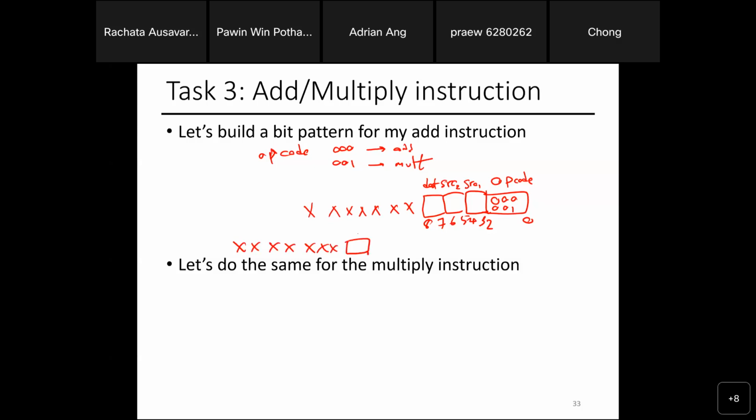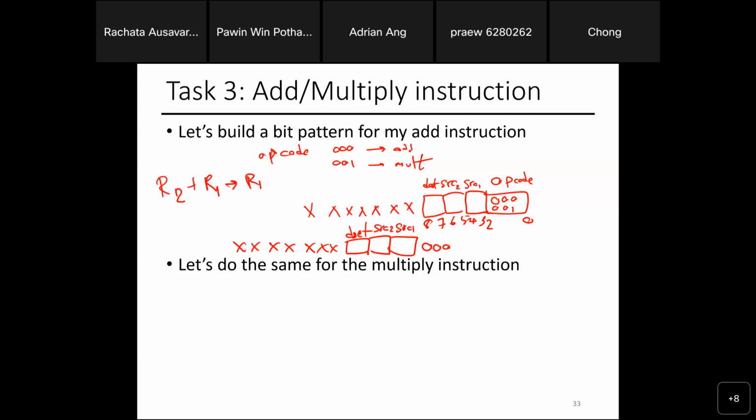Then you have the destination, source 2, source 1, and then 0, 0, 0. So let's say I want to add something like this. I want to do R2 plus R1 and write the result back into R1. What's source 1?